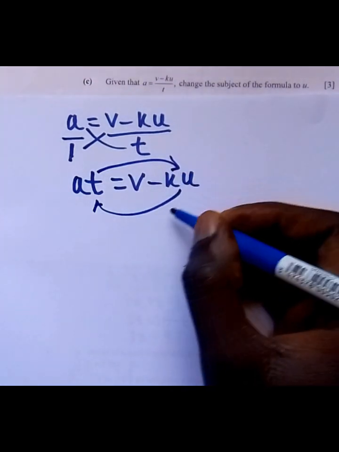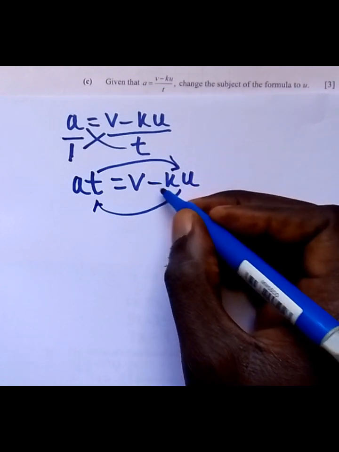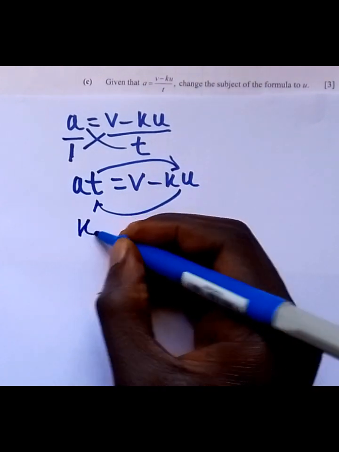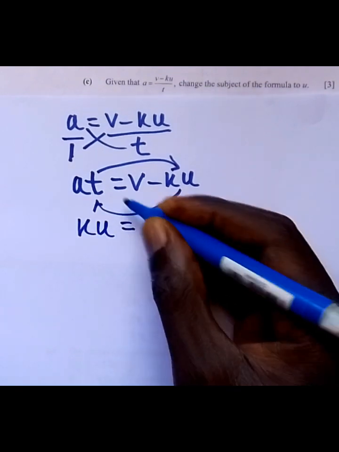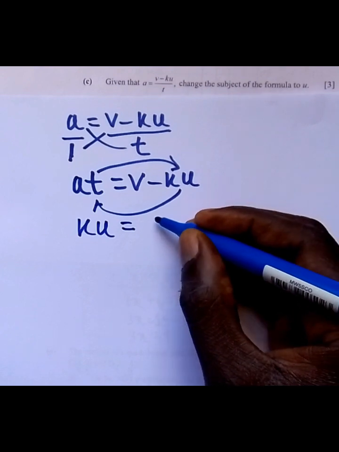Moving ku to the left will give a positive, because this side is a negative. So we're going to have ku as a positive this side. Then at, when it goes to the right side, will be a negative.